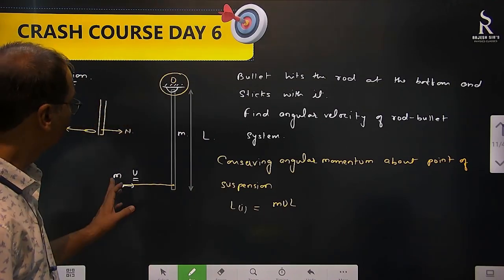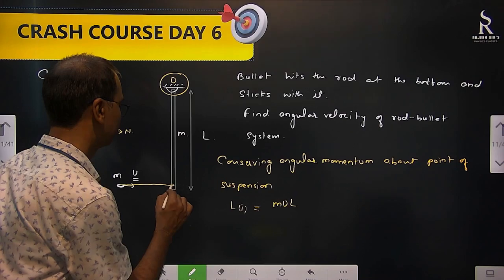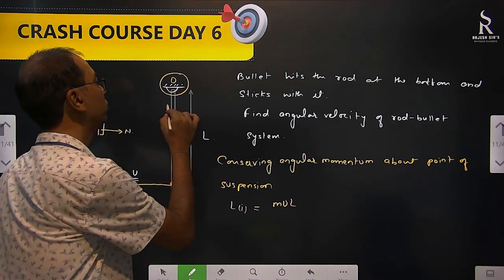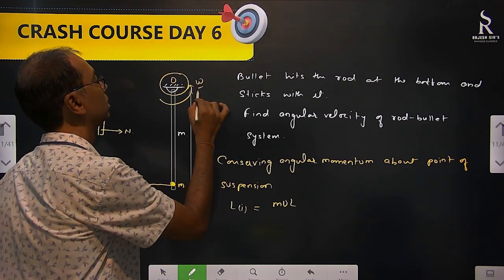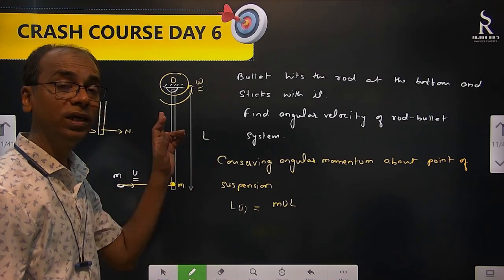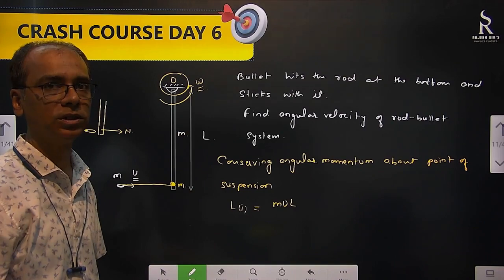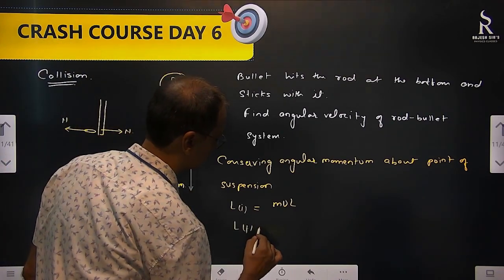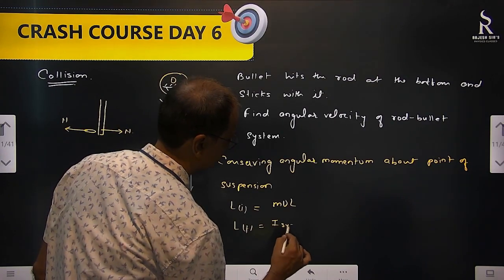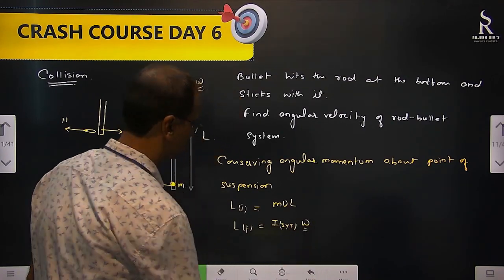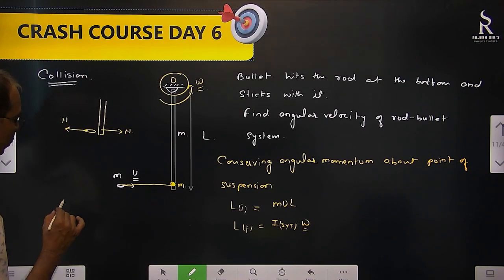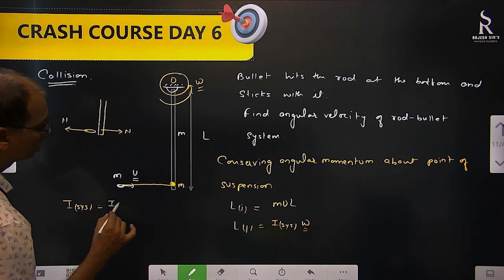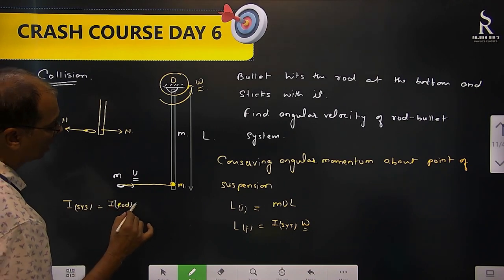Now finally, this particle sticks here and now this is going to move with omega. Now it is totally a rigid body, so I of the system into omega. Now I of the system is what? I of the system is I of rod plus I of bullet.